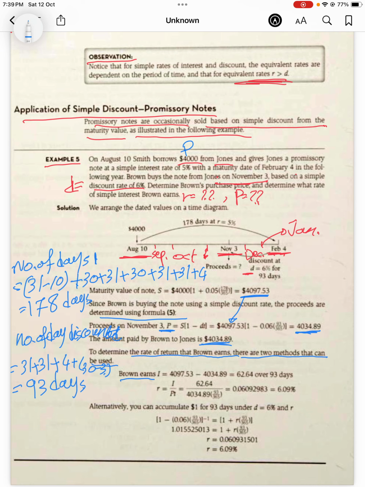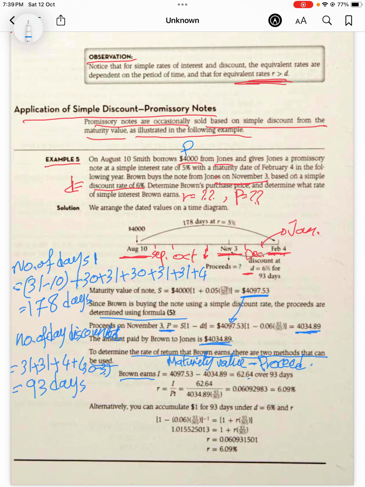To determine the rate of return that Brown earns, there are two methods that can be used. Brown earns I, calculate I, which means S minus B. S, which is the maturity value, minus the proceeds, you will have $62.64 over 93 days, and R will be I over BT.